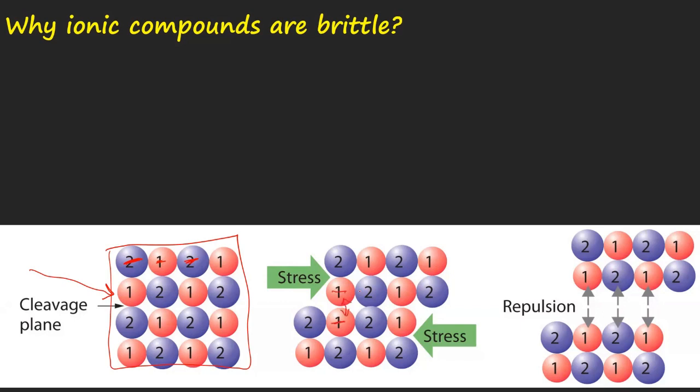When this repulsion happens, they eventually break down. So when pressure is applied, the top layer of the ionic compound slides over, and the same charges face each other, which makes them repel, and that's why they are brittle.